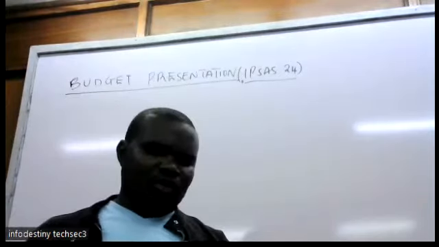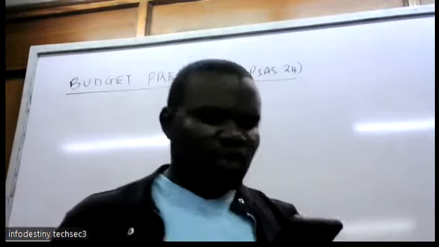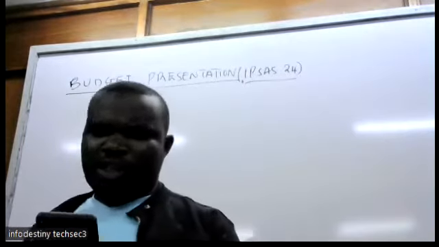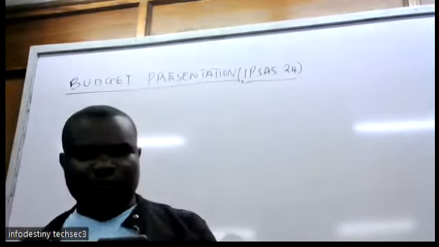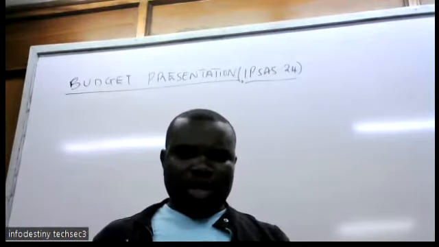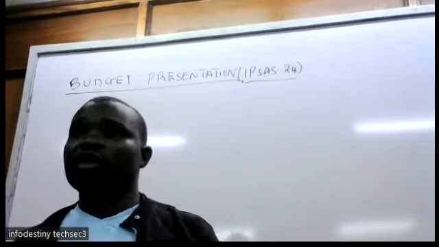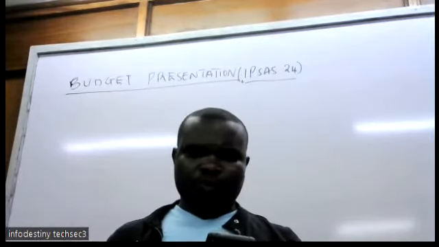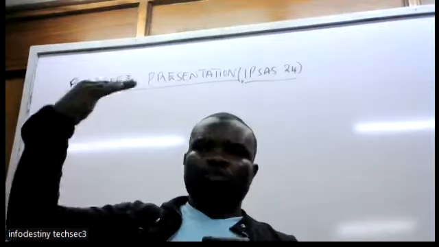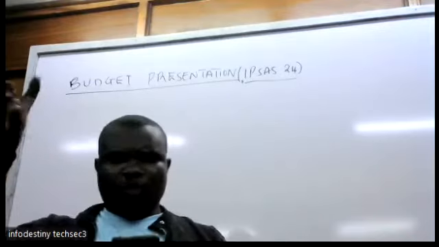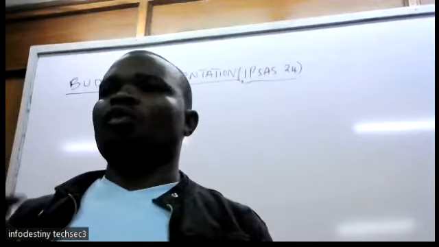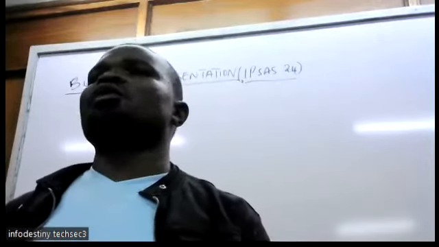Required: budget outturn for the Ministry of Finance in accordance with International Public Sector Accounting Standards IPSAS 24. I've given you the answer down there. What I want you to do, because they are short, is copy that question, then give the answer. Once you are done, we discuss the answer you have given.